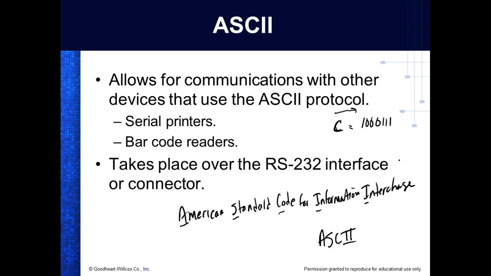Yeah, 43. That's capital C. Lowercase would be over in the 60s, right? So this would be the binary code. You see how fast I went through that? That would be the binary code right there.